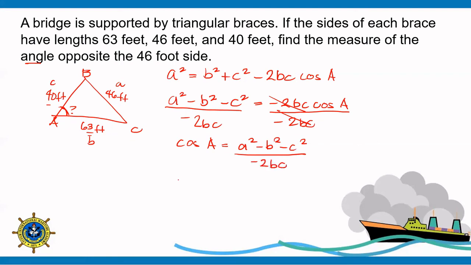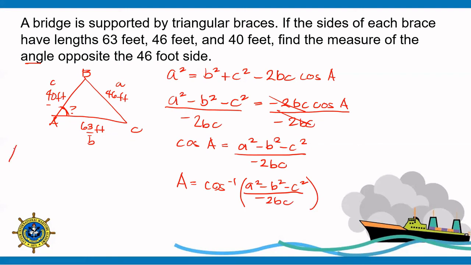So to solve for the value of A, gagamit po tayo ng inverse cosine of itong buong term na to: A squared minus B squared minus C squared over negative 2BC. Medyo mahaba lang.